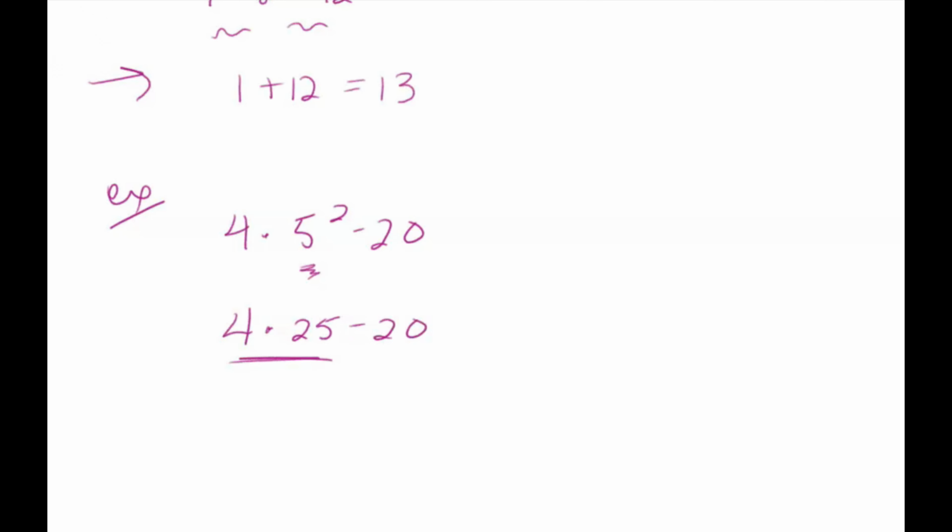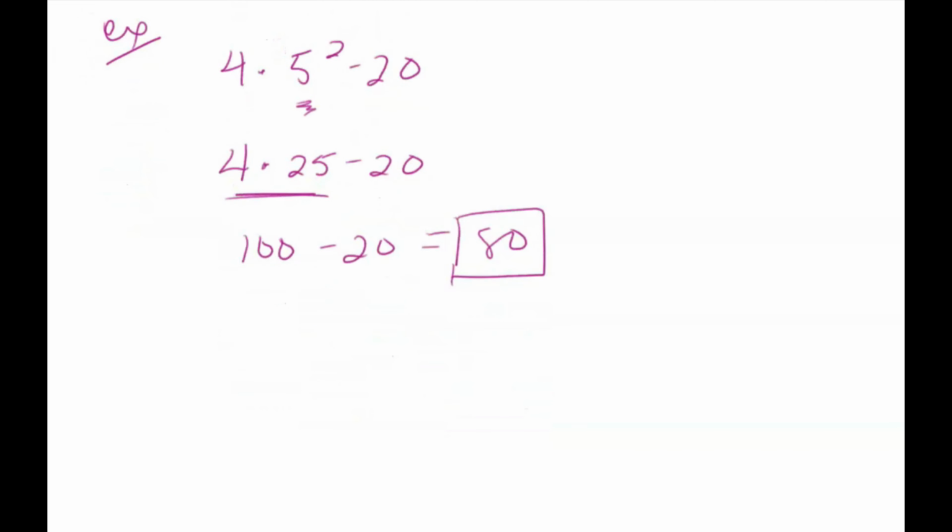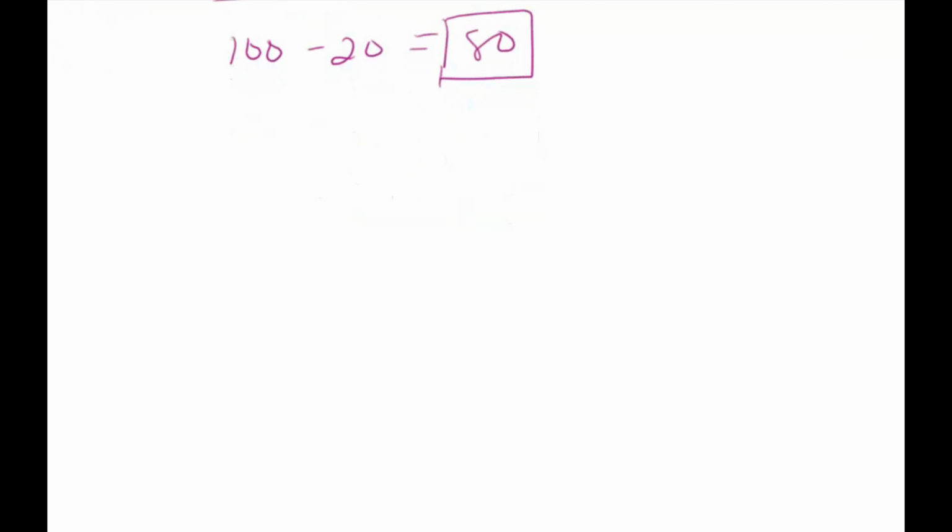But now I have multiplication, which is done first before subtraction. So I'm going to multiply 4 times 25 and get 100 before I subtract the 20, which would give me 80. Hopefully you did some of that in the pre-algebra program and even before. It's actually a 5th and 6th grade standard, so hopefully that feels pretty good.